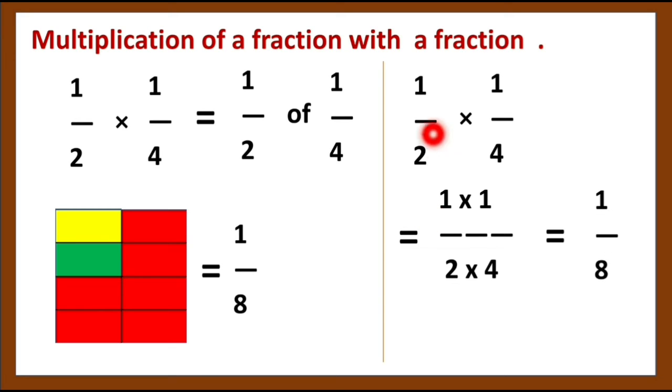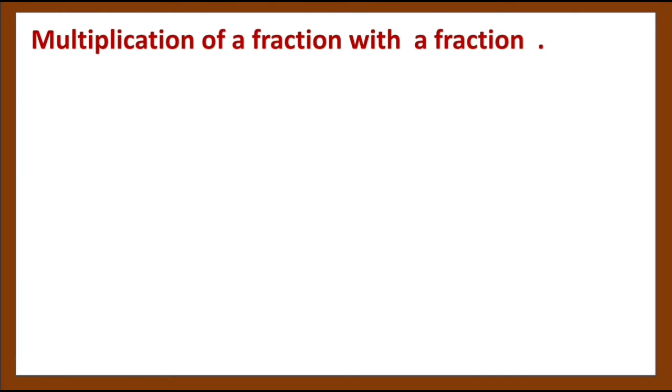That means numerator multiplication and denominator multiplication gives the answer. So without drawing this pictograph we can multiply like this. Observe multiplication of a fraction with a fraction, 2 by 3 into 2 by 5.